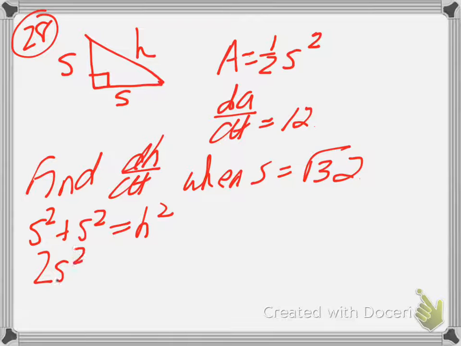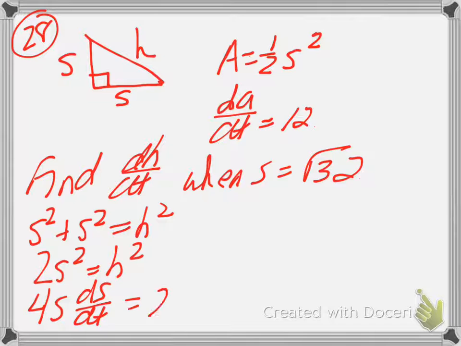So 2s squared equals h squared. So now we're going to take the derivative of each side. So we get 4s ds over dt equals 2h dh over dt. Okay, we can divide both sides by 2.